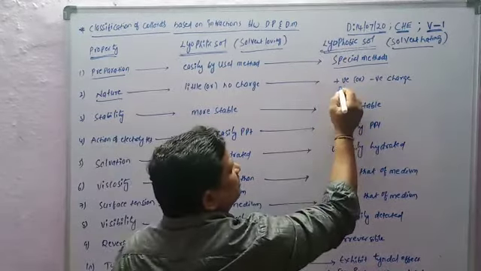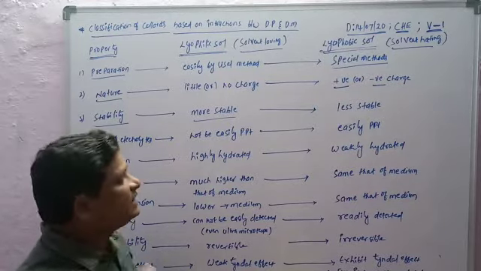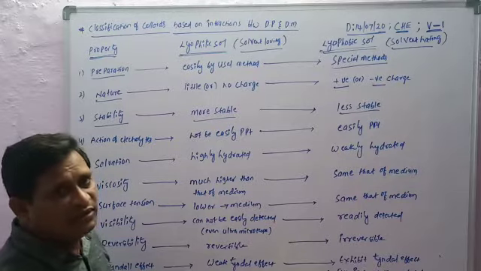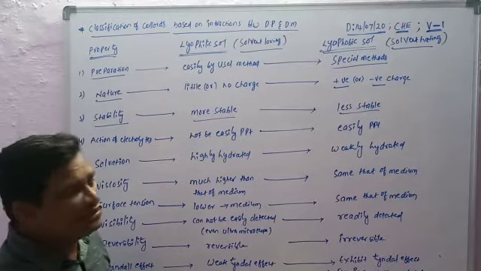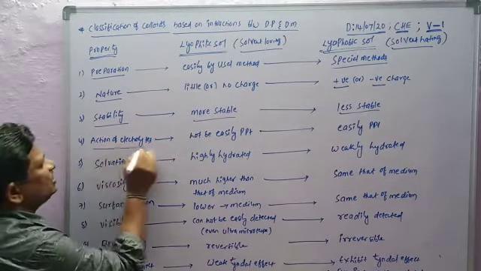The third property is stability. Much attraction is present, so lyophilic sols are more stable because of much affinity between dispersed phase and dispersion medium. Lyophobic sols are less stable because there is not much affinity between them. Next is action of electrolytes.